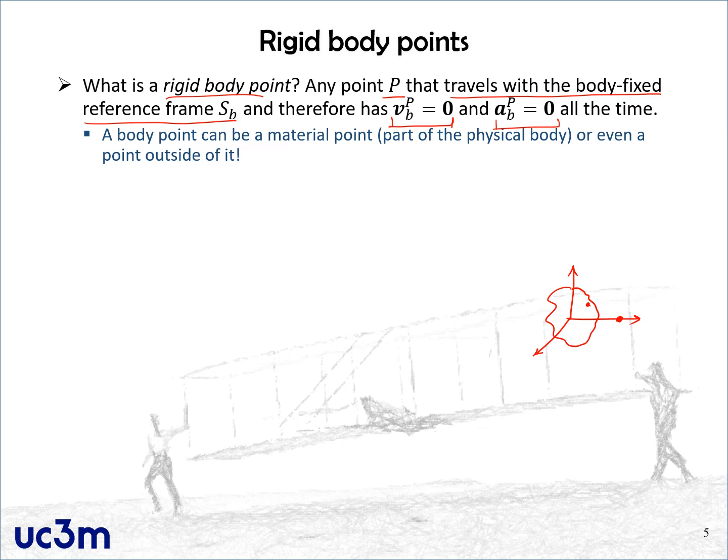For example, that point on the y-axis is also considered to be a body point. This is an important idealization of the problem. We can remove for our purposes the material boundaries of the rigid body, and just consider all the points of the space that is associated with this reference frame and move with the reference frame as rigid body points.